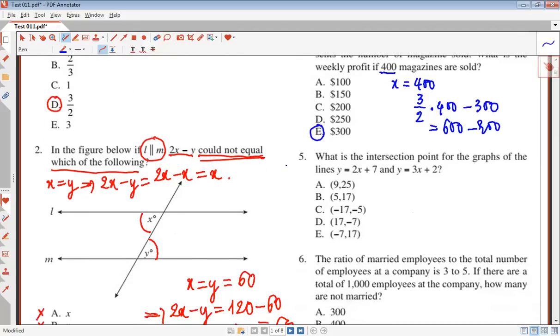Question number 5. What is the intersection point for the graphs of the lines? This line and this line. We just need to solve the system of equations y equal to times 7, y equal 3 times 2.